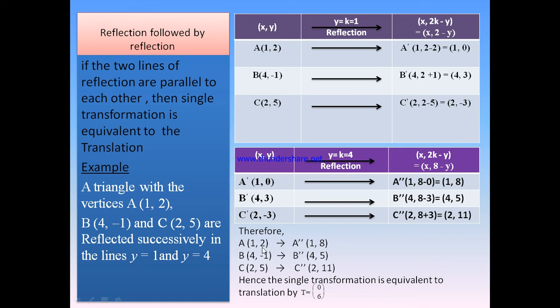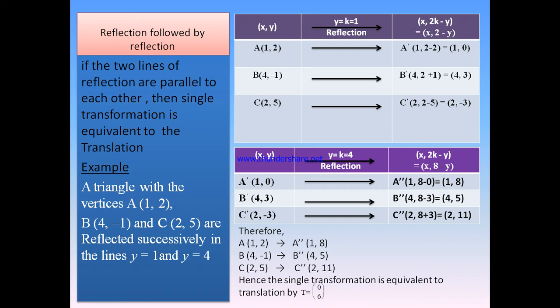Yes: 2 increased by 6, so it will be 8. Minus 1 plus 6, it will be 5. 5 plus 6, it will be 11. So in every y coordinate 6 is added, but in each x coordinate 0 is added. So by inspection, that is by observation, you can say this single transformation is equivalent to a translation by the vector (0, 6).